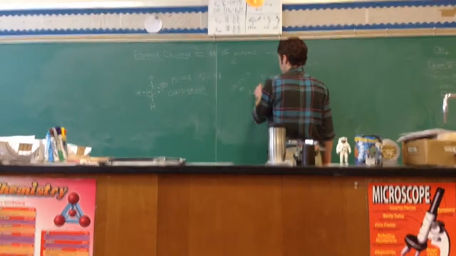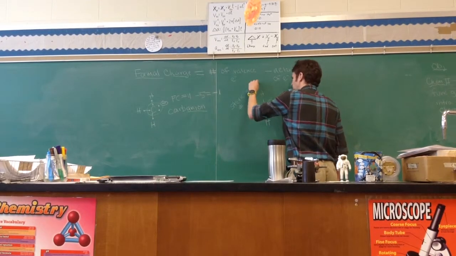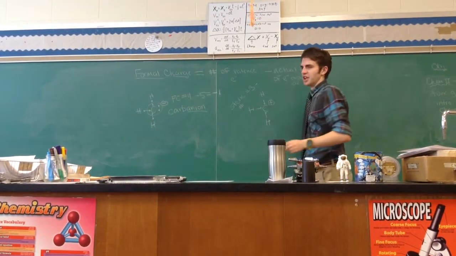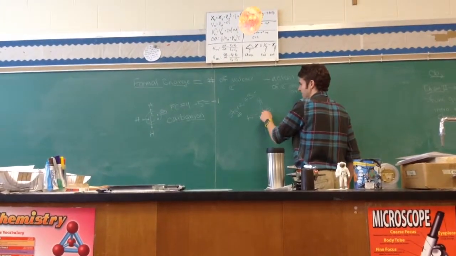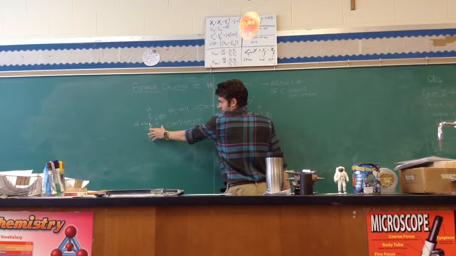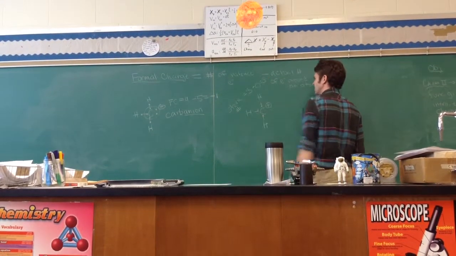So in this case we have 3 per carbon. And we subtract from that the number of the pairs of valence electrons. In this case, we don't have any. In this one we did, and this one we did not. So 3 minus 0 is 3.